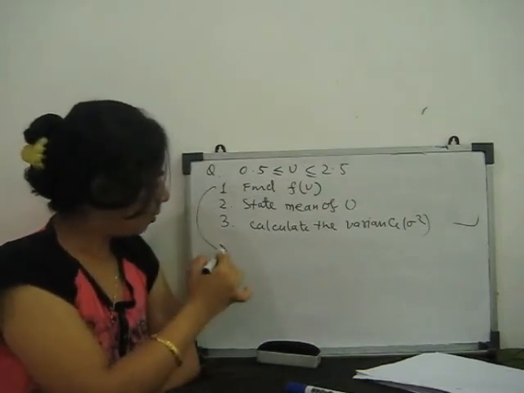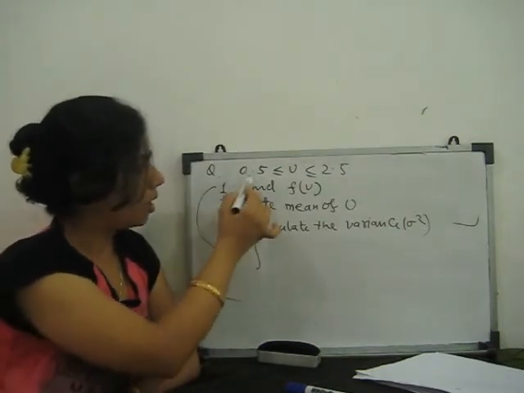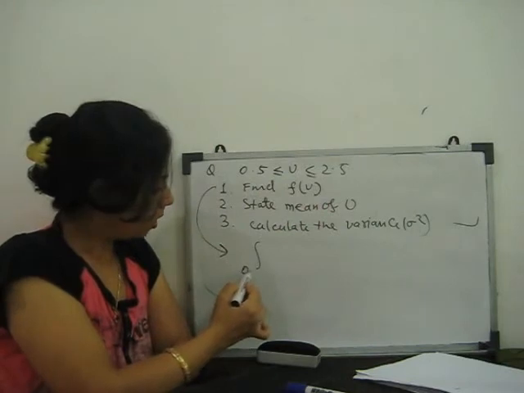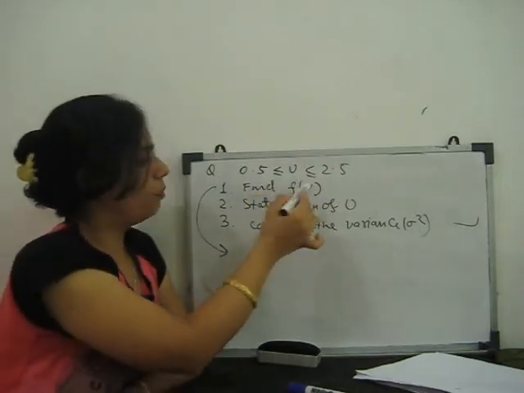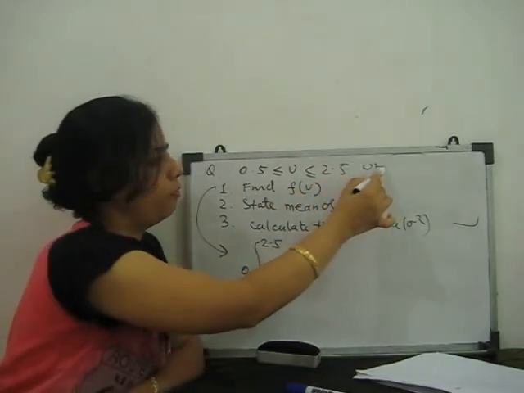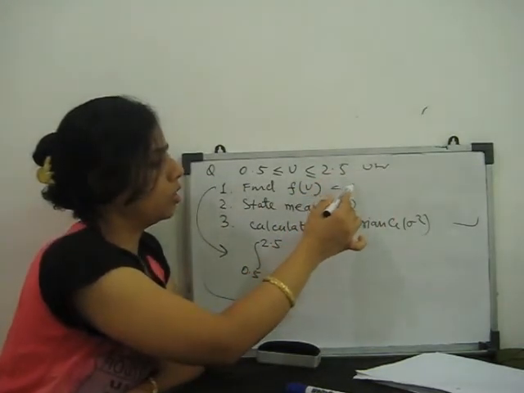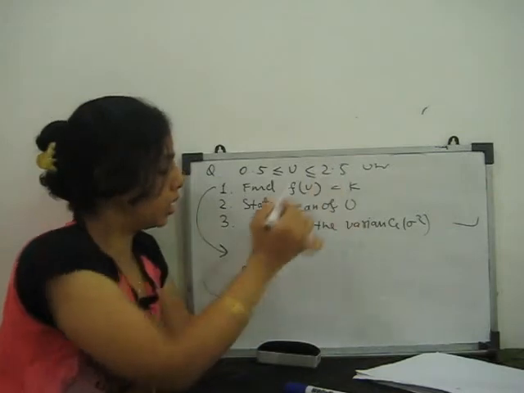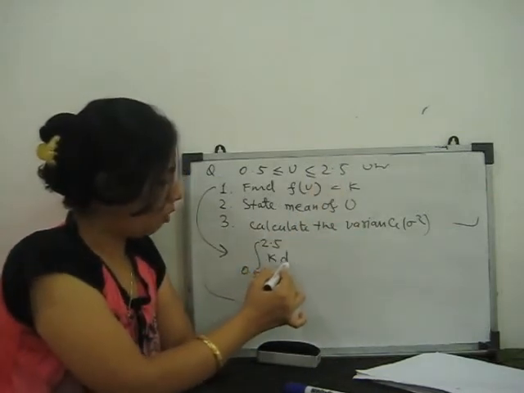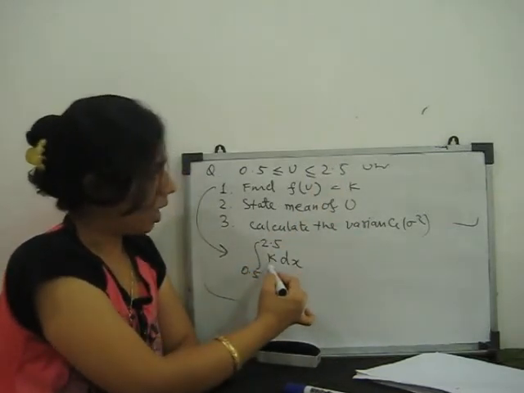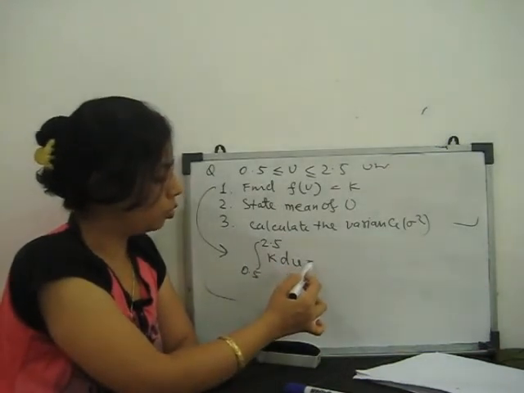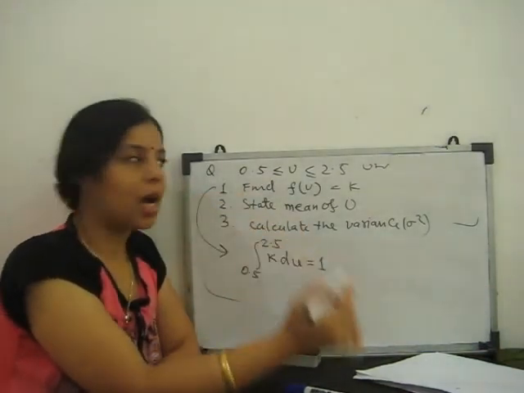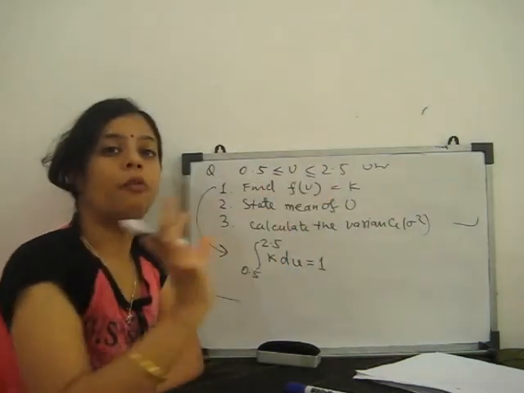So first is this f(u). For the first part, we know our lower limit to upper limit f(x). If they say this is uniform, then our function is only a constant. If I say k, then f(u) is k, our variable is u, and the total area under this limit is 1.